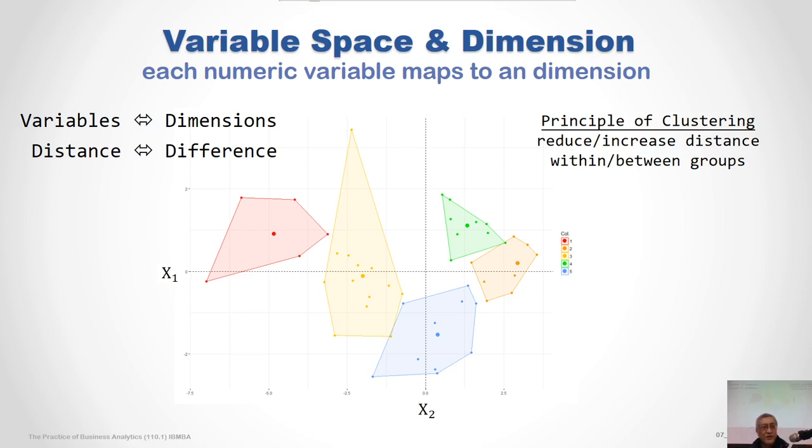In this space, variables map to dimensions and distance maps to difference, right? And there is an algorithm to help us group the similar subjects together so that the subjects within a group are similar and subjects between groups are dissimilar, right? And that is what we mean by clustering and clustering algorithm.